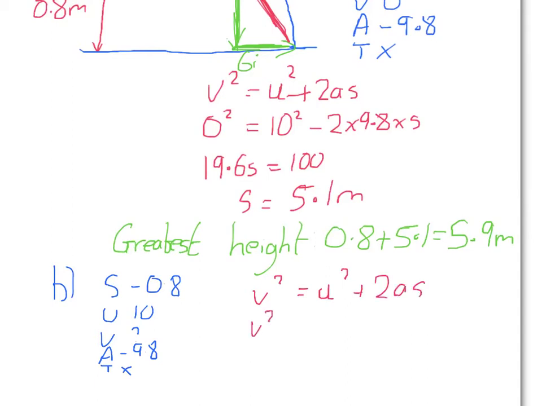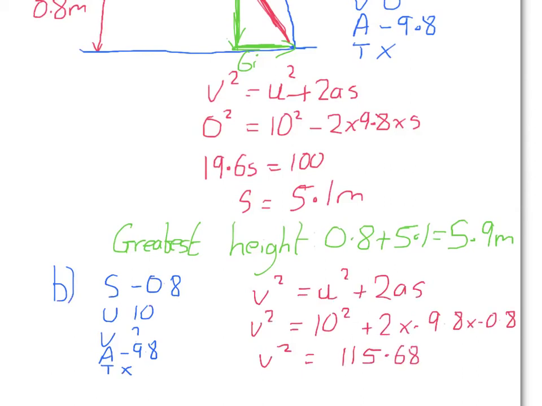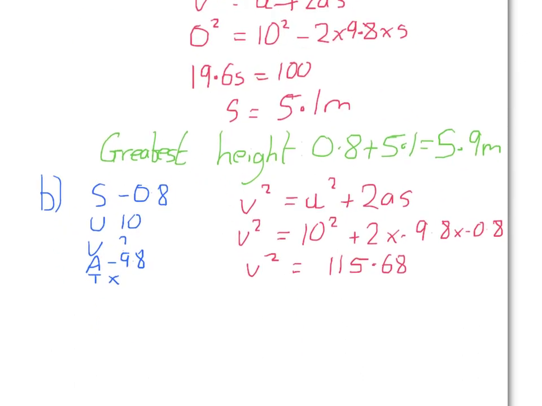So we're finding our v squared, so substitute in the rest. It's going to be 2 times minus 9.8 times minus 0.8. Minus 9.8 times minus 0.8 will give us a positive number, because a minus times a minus gives us a positive. So v squared is going to be equal to 115.68.